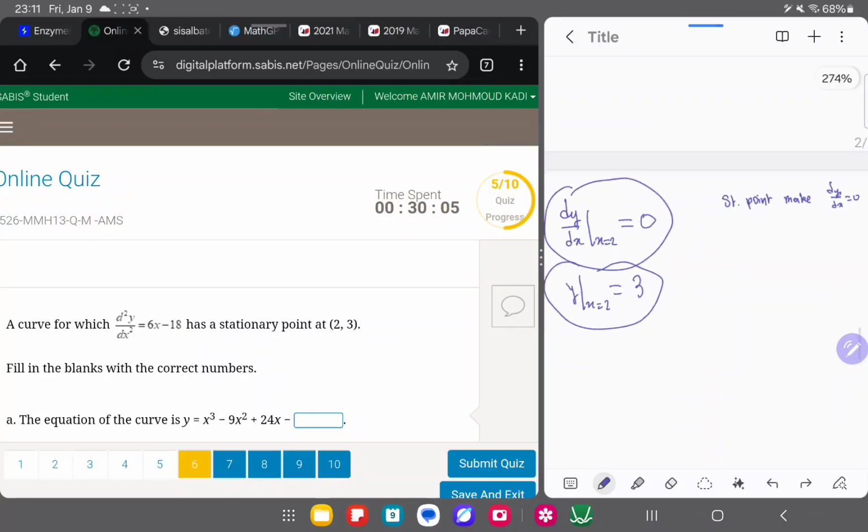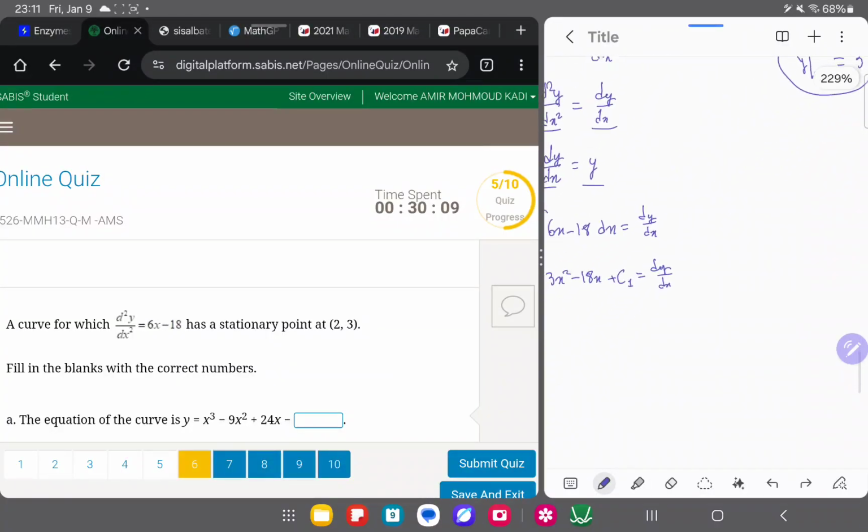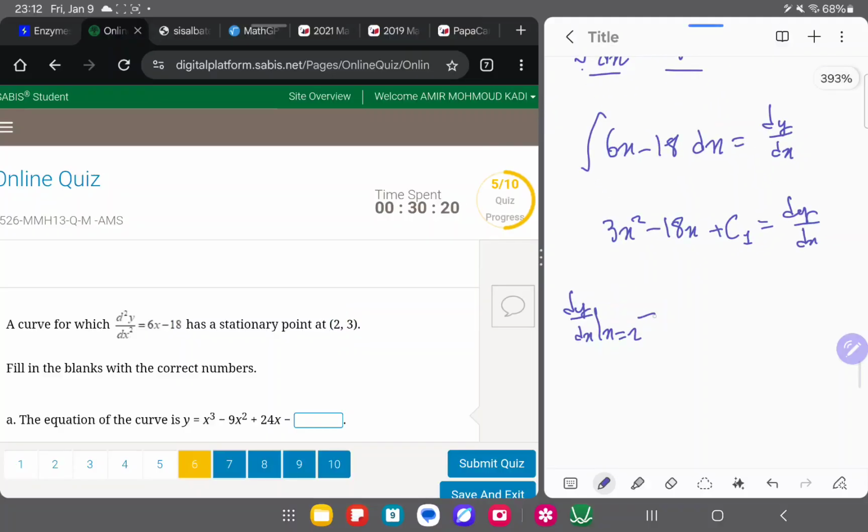Okay. So now I'll set the derivative at x equals 2, and it must be equal to 0. So dy over dx when x is equal to 2, as shown here, where it says the stationary point is at x equal to 2. I'll plug in 2 in here, plus c1, and it must be equal to 0.